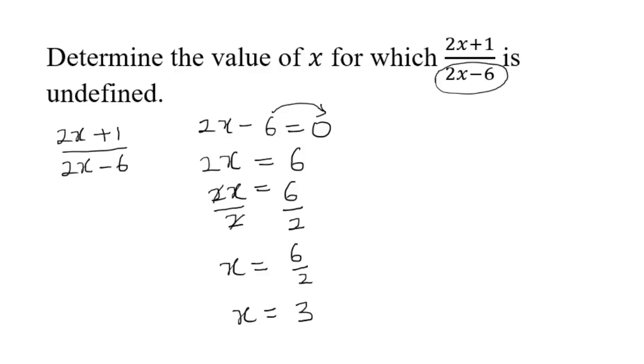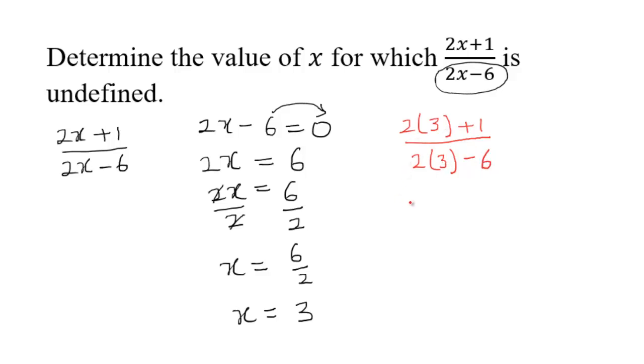Now let's substitute and see what the denominator will become. We have 2 times x, where x is 3, plus 1, all over 2 times x, which is 3, minus 6.